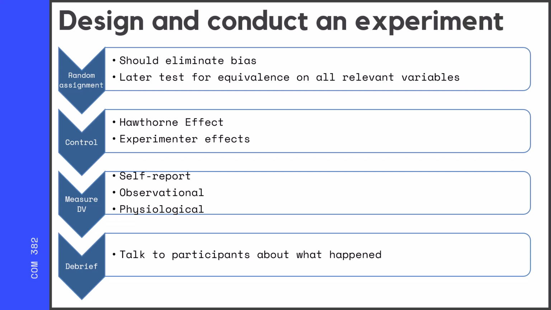Also in an experimental study, debriefing that we talked about in the ethics module is super important, because people might feel like they were tricked somehow, and they should be told after the fact what the experiment was about, especially if there was deception involved, and let people ask questions about what happened to them.